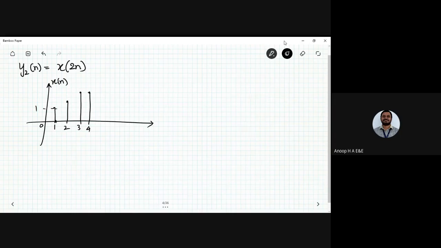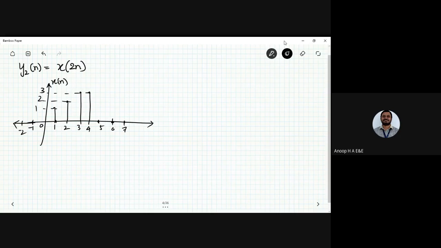This is 1, this is 2, and this is 3. All the other values will have 0. This is 5, this is 6. Even if values have not been specified, you can take them as 0.